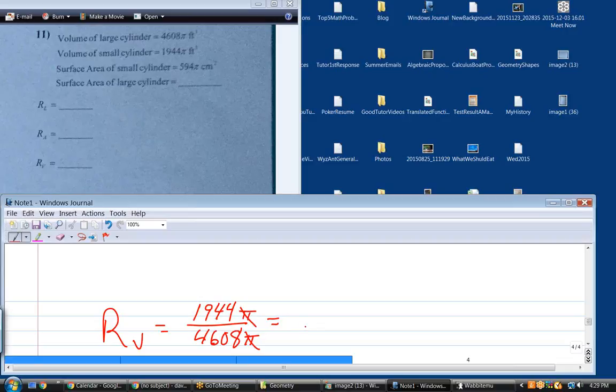Could we just keep it as fractions the whole way? Well, you'll see what the problem is. Okay. What's the linear? Well, the linear is 1,944 divided by 4,608.